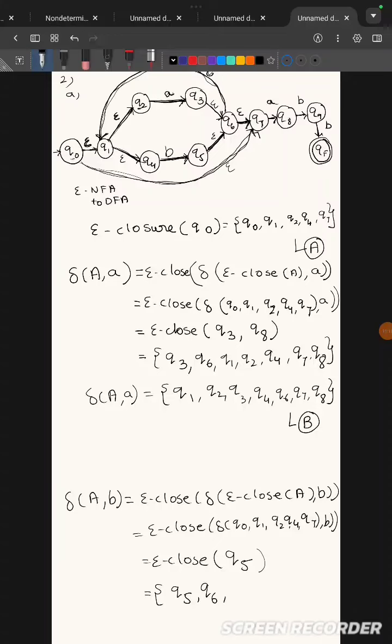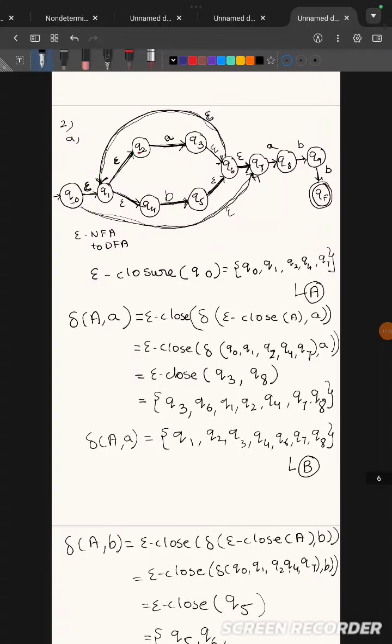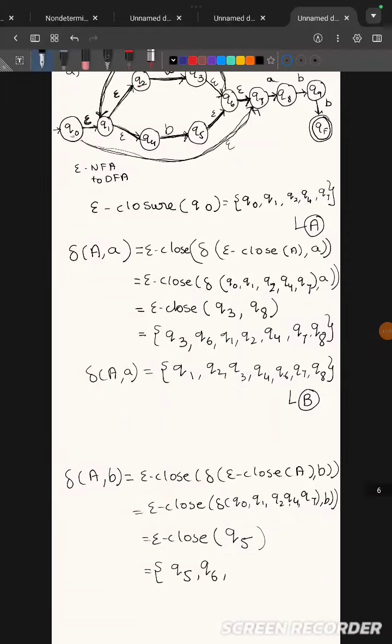Q6 is having a backtrack to Q1. So we will write Q1, then it will go to Q2, Q4, and this side it will go to Q6, and go to Q7 also by reading just epsilon.